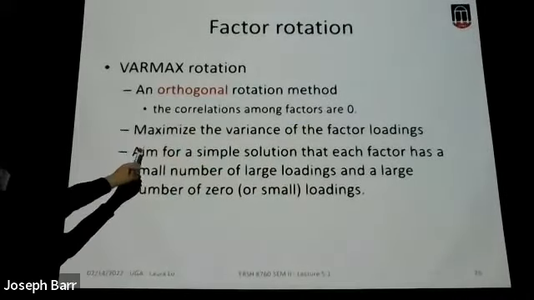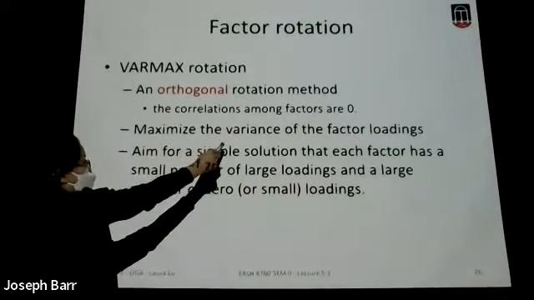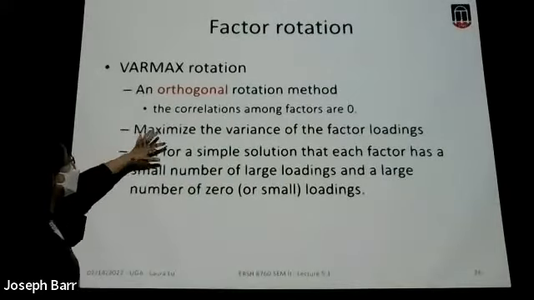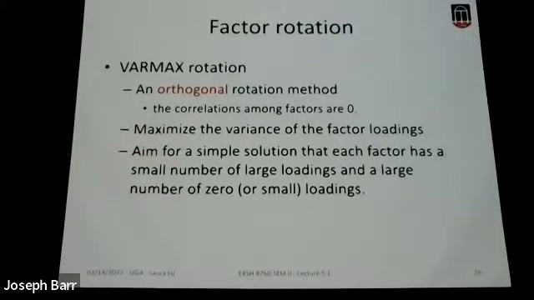So what is this method? It tries to maximize the variance of the factor loadings. For each factor we have loadings, and we have variance. We try to maximize the variance of the factor loadings. The aim is a simple solution where each vector has a small number of large loadings and a large number of zero loadings, or very small loadings.